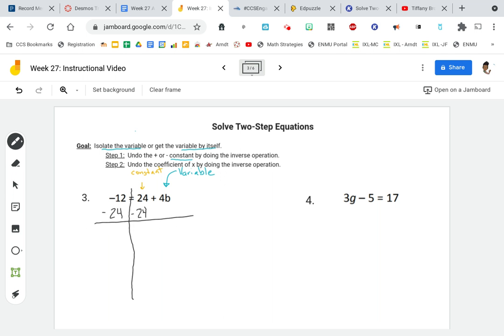Just be aware of that. So I'm going to look on my right hand side. I have 24 minus 24, which is nothing. And that's what I'm writing down, nothing. The only thing left is a positive 4b. Now, you could put that positive there if you wanted to, but honestly, the positive is unnecessary. So I'm going to get rid of it.